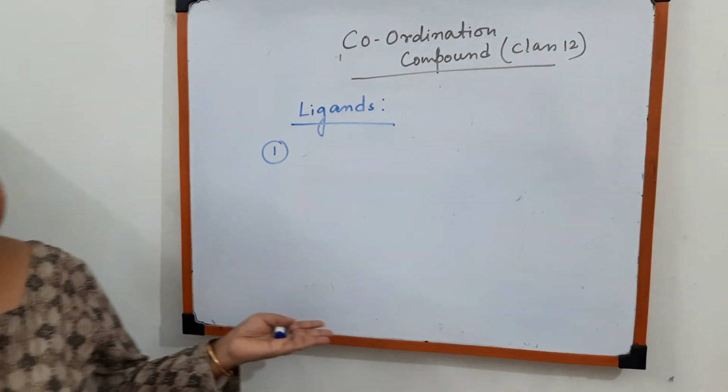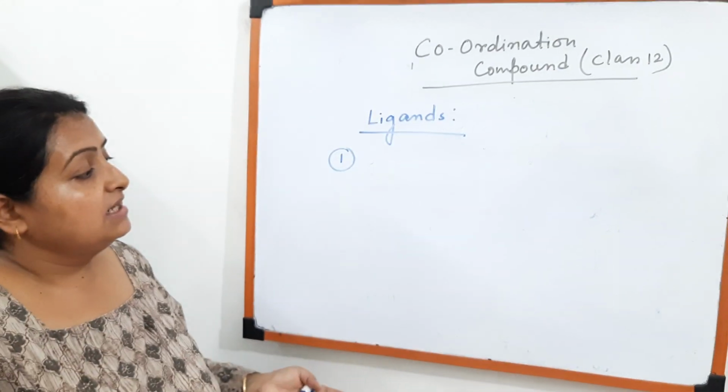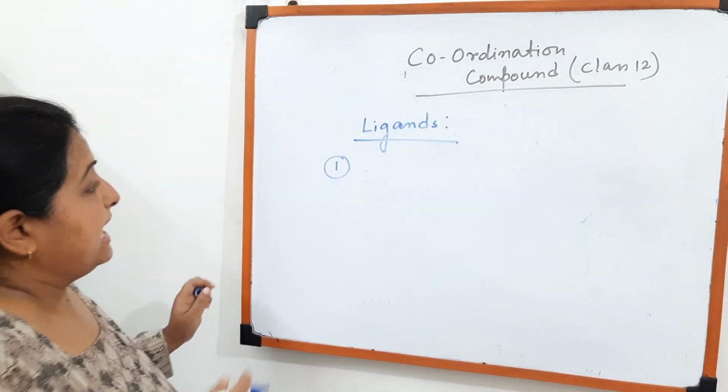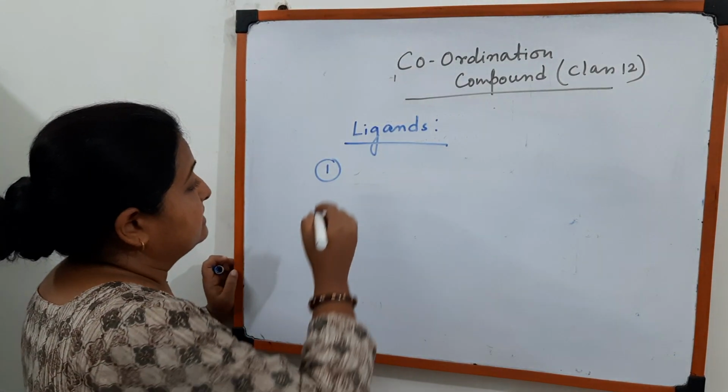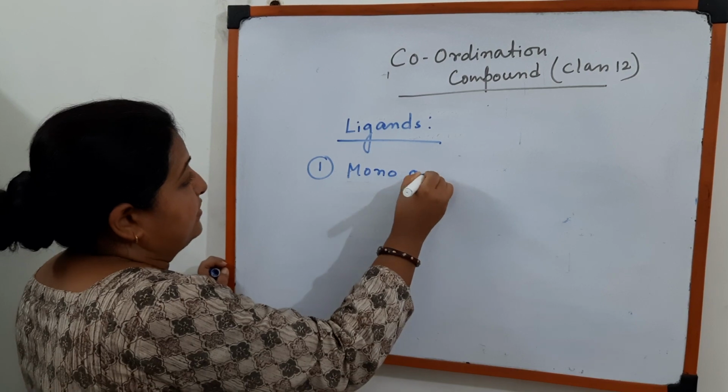Ligand I have already discussed, they will donate the electron pair towards the central metal to make the coordinate bond. And there are several types of ligands, mono or unidentate.